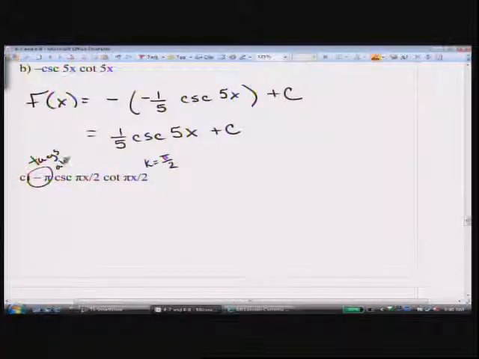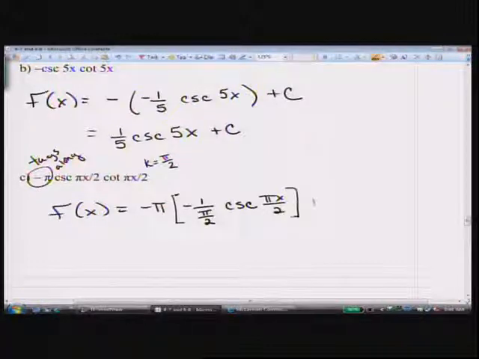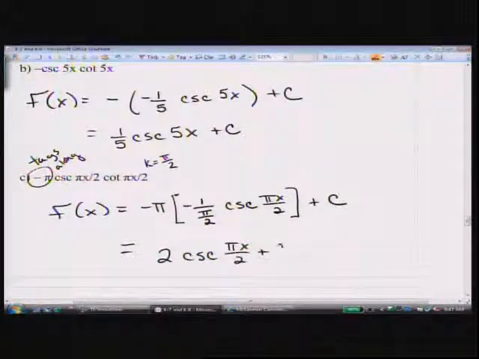So F of x is equal to the negative pi, which is just tagging along, and then the antiderivative of cosecant cotangent is negative 1 over k, where k is pi over 2, times cosecant kx, which is pi x over 2, plus c. Now the negatives will cancel. I'll flip this, and notice that the pi's will cancel. So this is going to be 2 cosecant of pi x divided by 2, plus c.